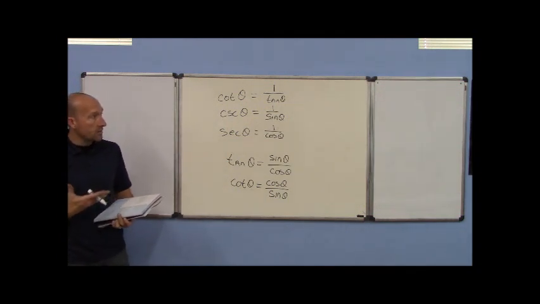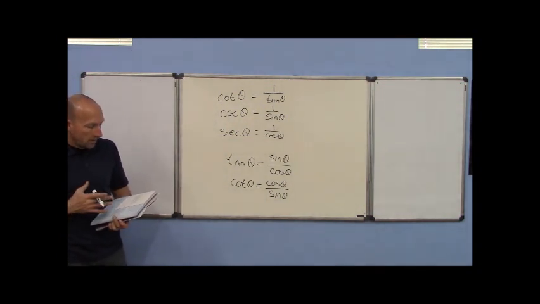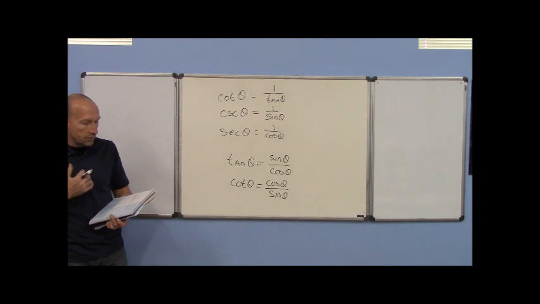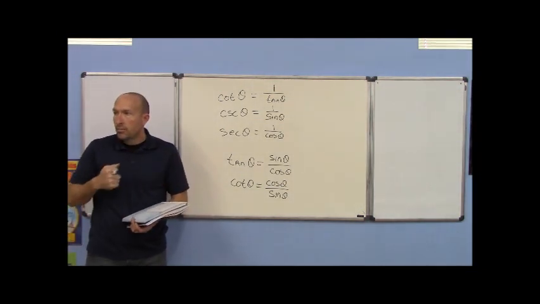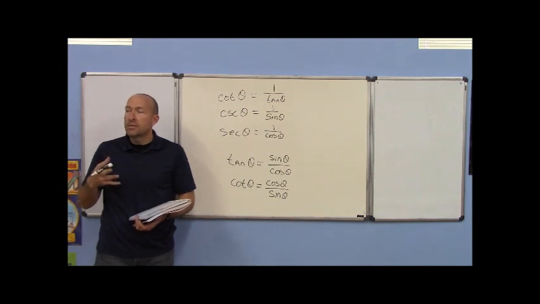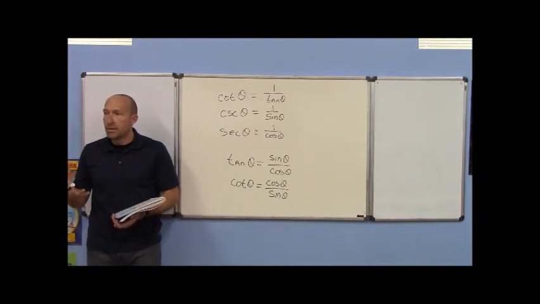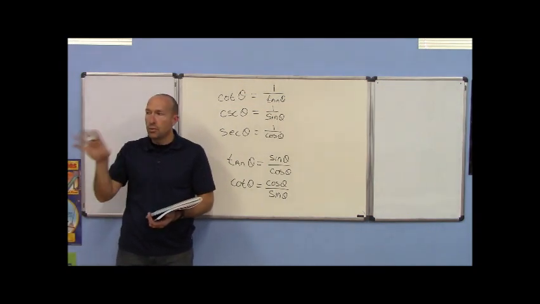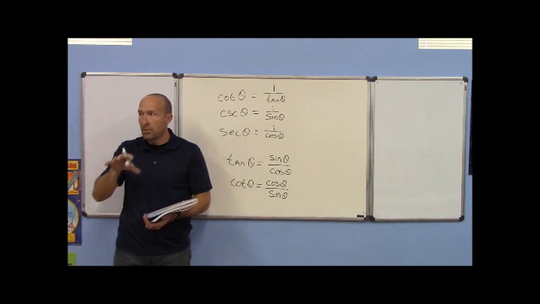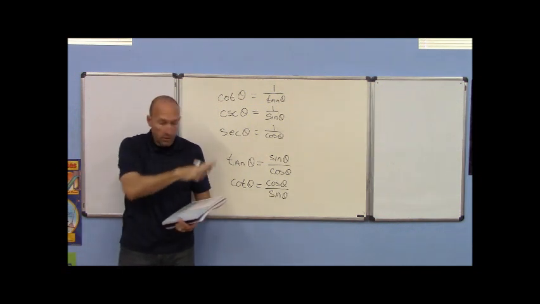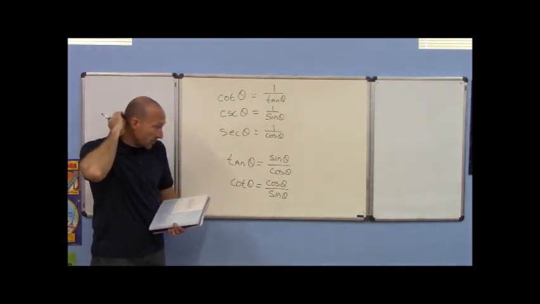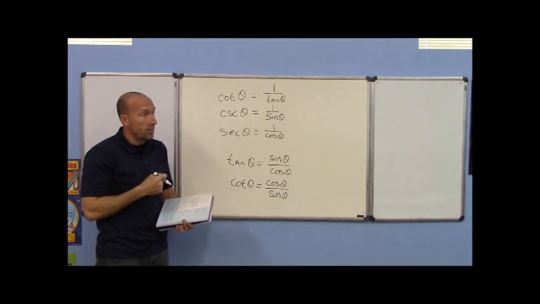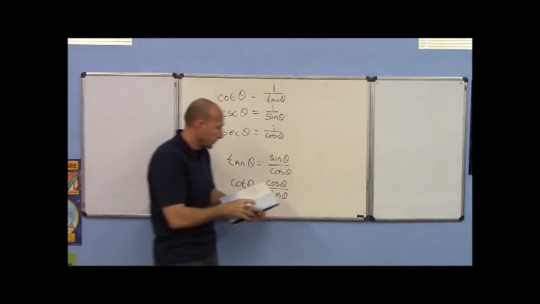I want to walk through this proof with you. It's not that we need to prove it, but I think it will open up some of the possibilities of using substitution to help you out, and that's the reason I want to go through this. It's always good to have your proof. So let's look at this.